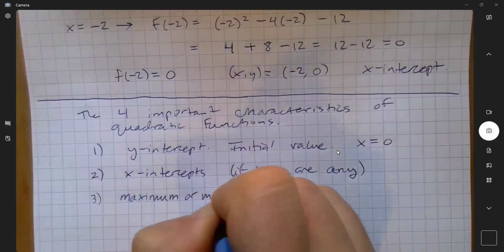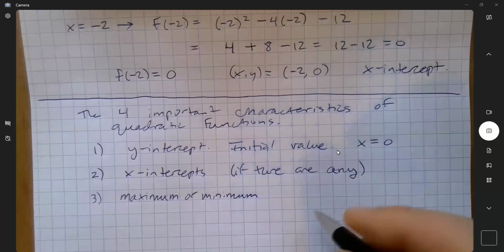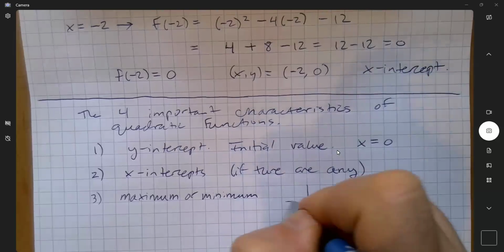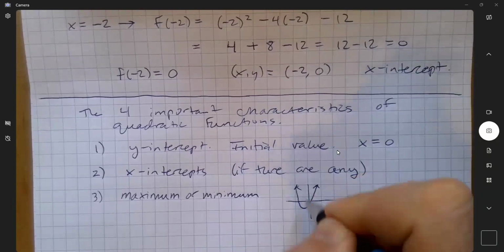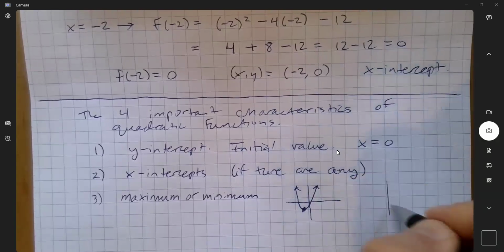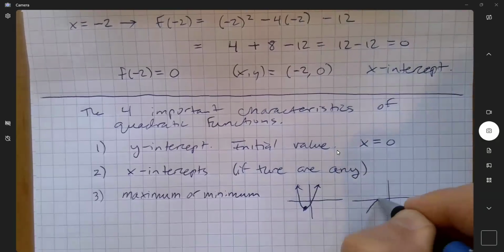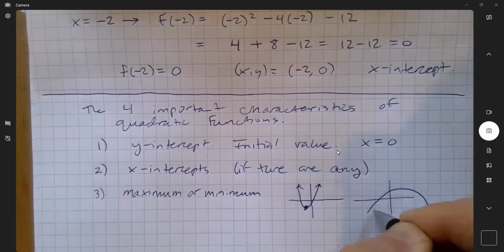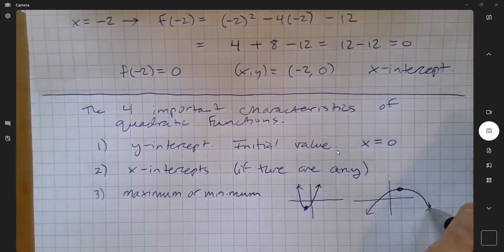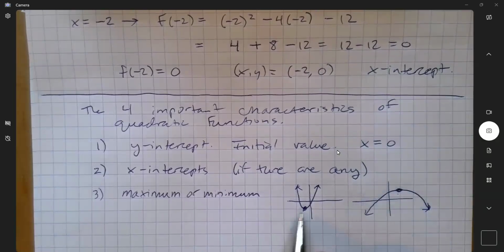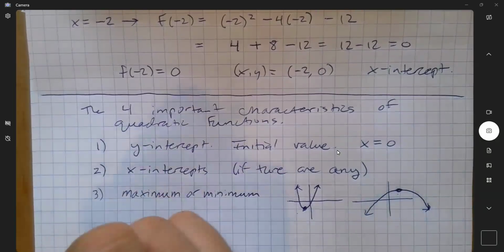The third is the maximum or the minimum, because all quadratic functions turn around. They might look like this, in which case you have a minimum point, or they might look like this, in which case you have a maximum point. And in terms of understanding situations that involve quadratic functions, knowing the maximum or the minimum is a super useful piece of information.